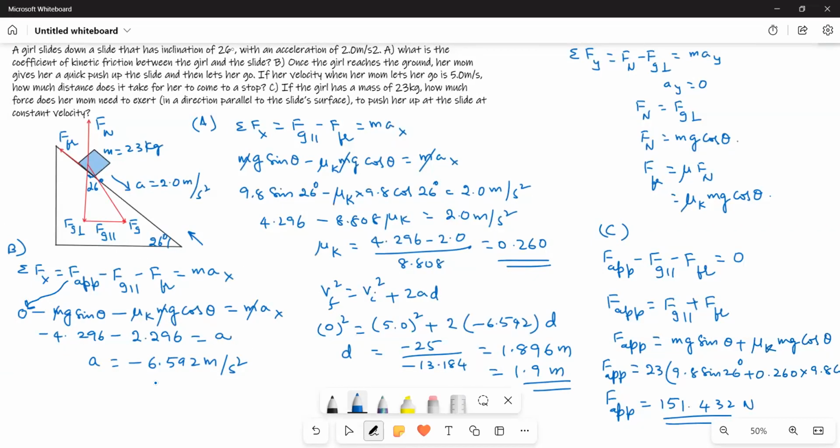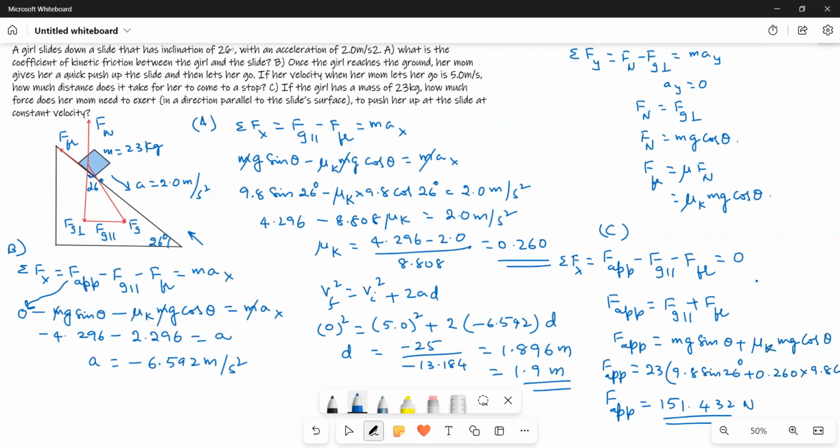Then with this equation, we can find out the acceleration. And once we find the acceleration, using the kinematic equation we can find out the distance moved by the child. And then finally, the questioner is asking us to find out how much force the mother applied for the child to move this distance. For that, the child is moving with a constant velocity. Therefore, the force equation sigma Fx is equal to F applied minus F friction is equal to 0, because there is no acceleration.